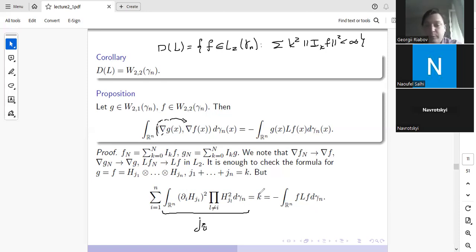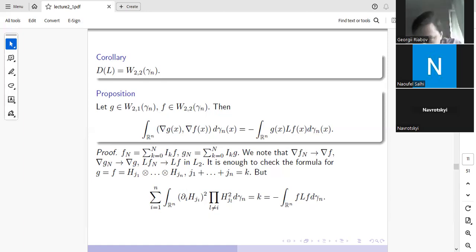Okay, and in the sum we will get k. But on the space of Hermite polynomials of order k, operator L is just multiplication by minus k. So we will also get k. Okay.